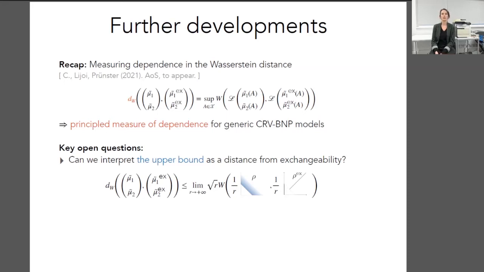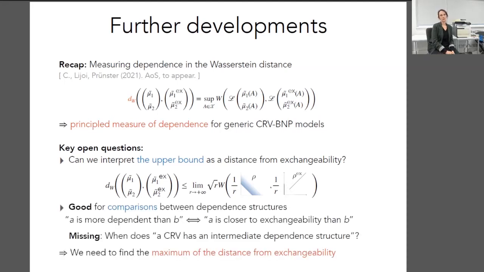And so we thought, well, is the upper bound a distance itself? Because in such a way, we could actually preserve the notion of distance from exchangeability, but in such a way that we are able to evaluate it analytically as well.